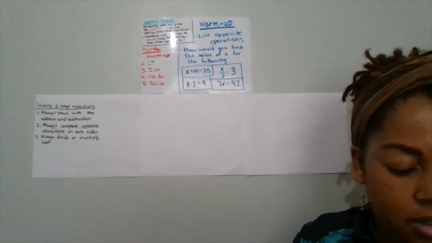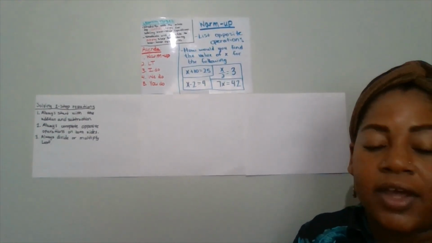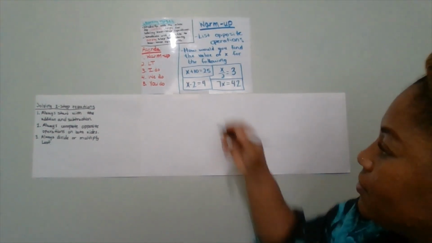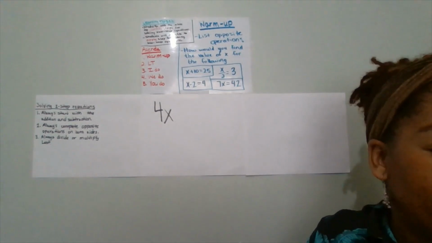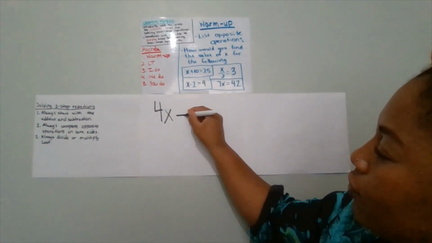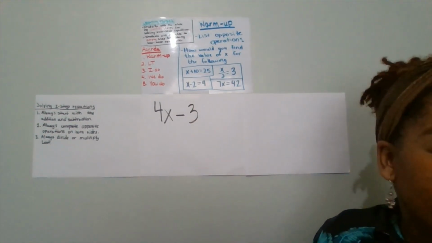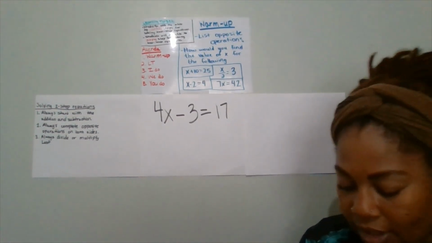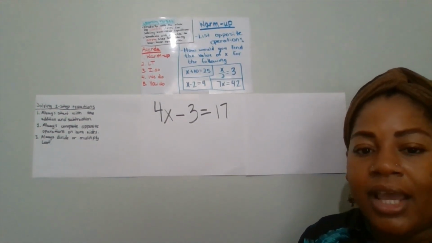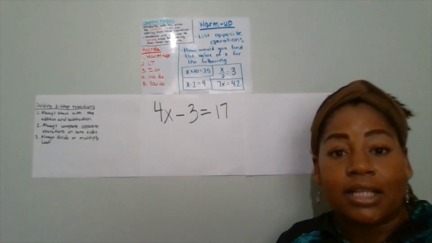First, let's start with a two-step equation. What is a two-step equation? We're going to start with 4x minus 3 equals 17. A two-step equation is exactly what it sounds like.